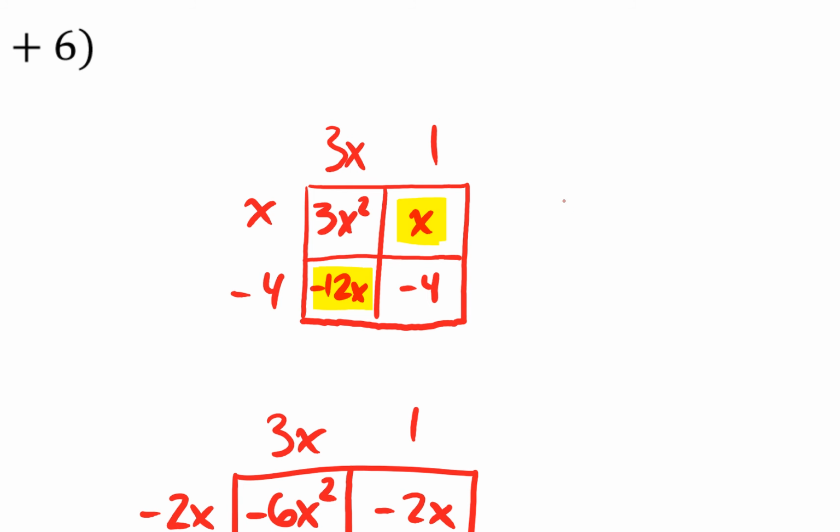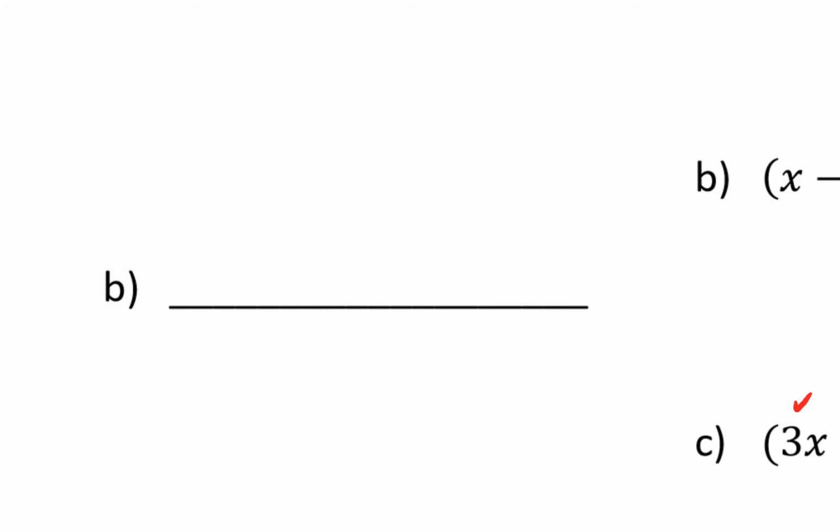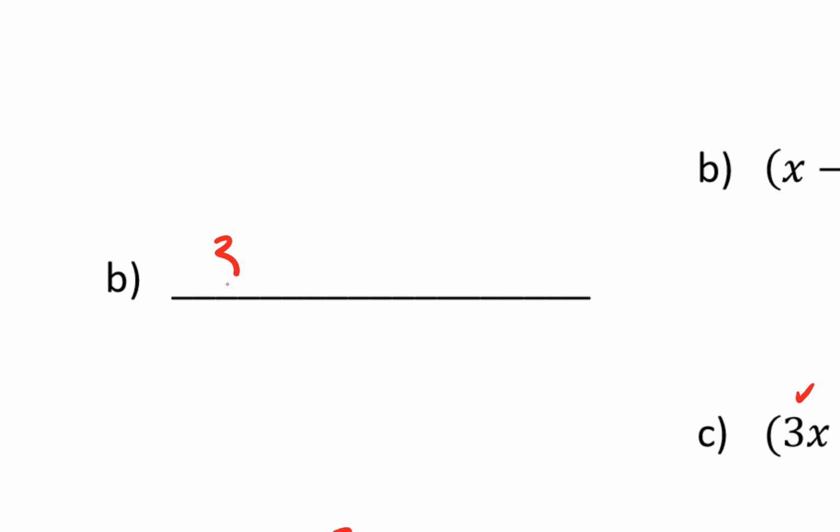So I can write my final answer as 3x squared, and then I would combine the negative 12x and the positive 1x as negative 11x, and then finally a minus 4. So let me write that. I should have written it over here in this line. Again, that answer was 3x squared minus 11x minus 4.